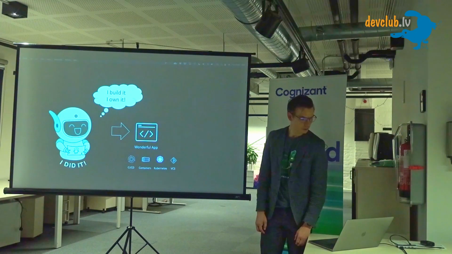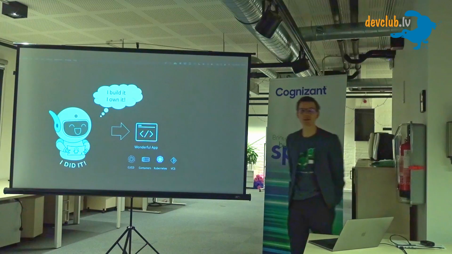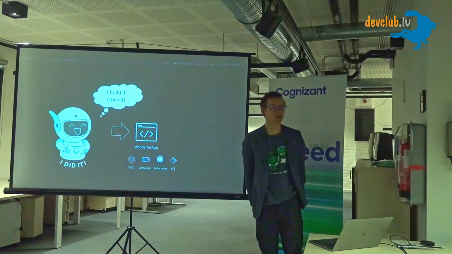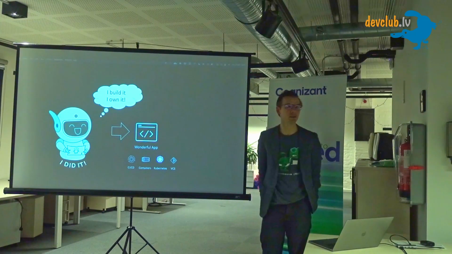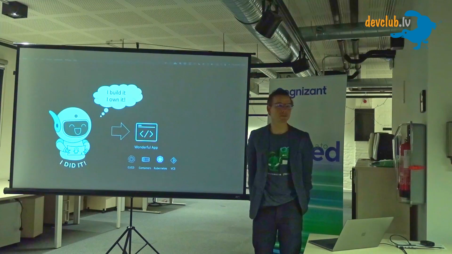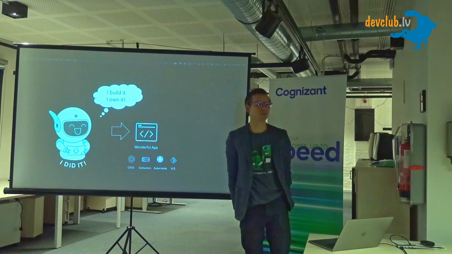So what Cody will do, he will create some CI/CD pipelines. He will containerize his application because it's 2023. If you don't do serverless, you probably do containers. He decided that Kubernetes is a good choice for him to run.